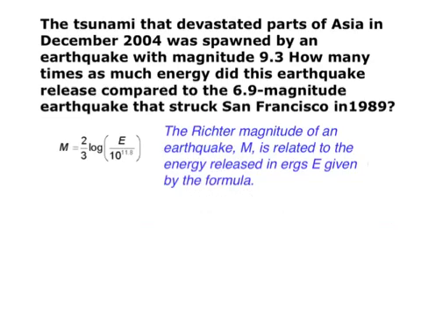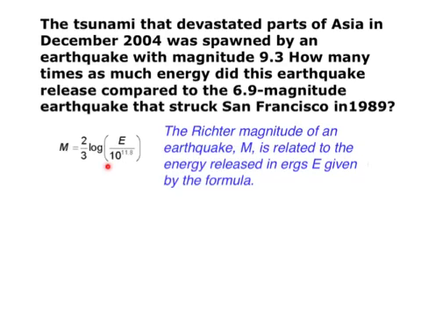The tsunami that devastated parts of Asia in 2004 was spawned by an earthquake with a magnitude of 9.3. How many times as much energy did this earthquake release compared to the 6.9 magnitude earthquake that struck San Francisco in 1989? We're going to use this equation.